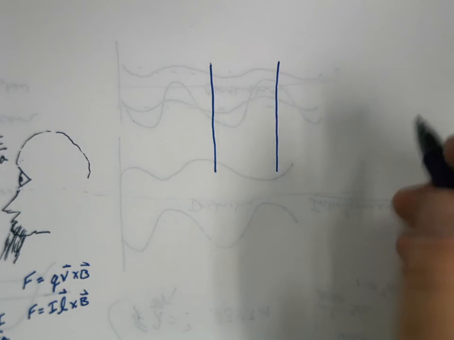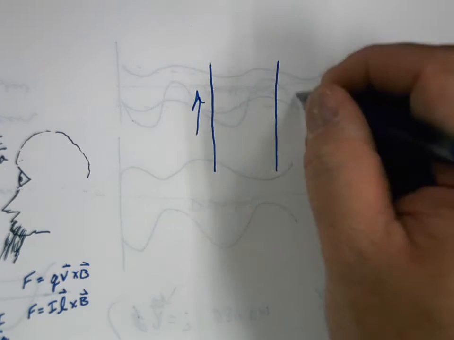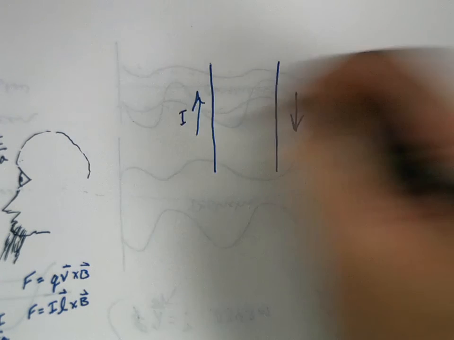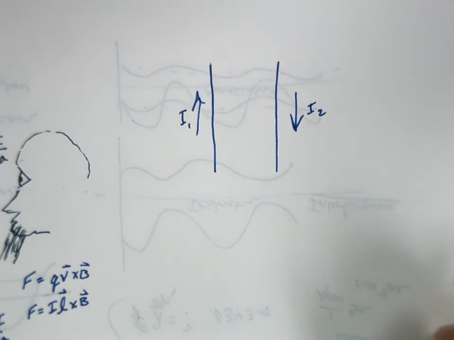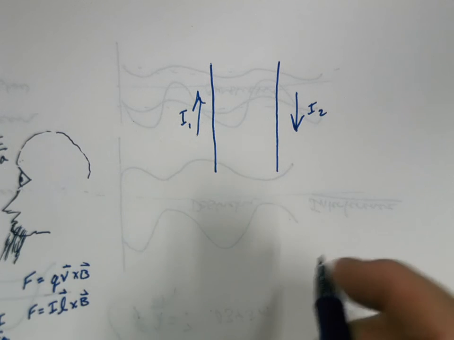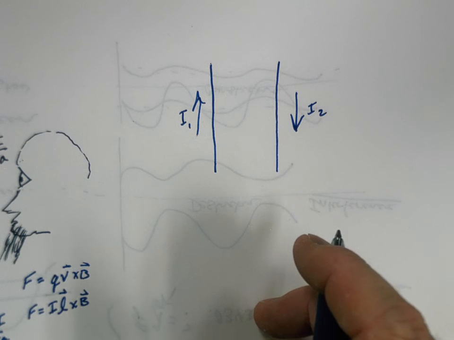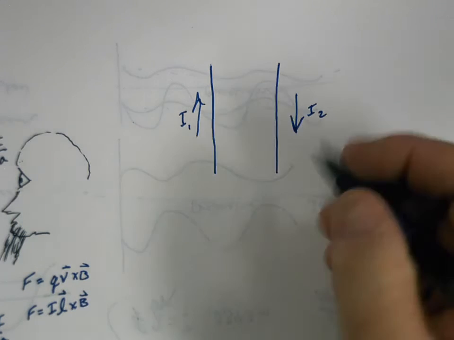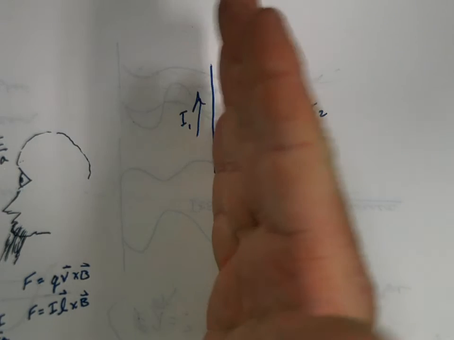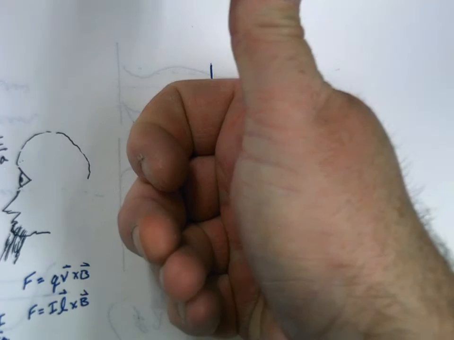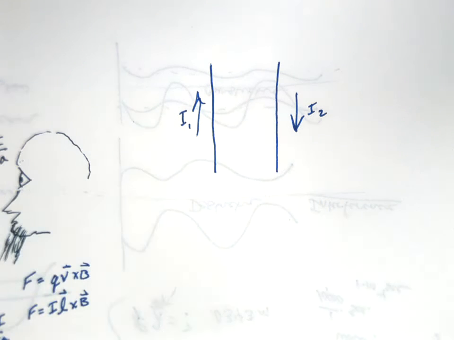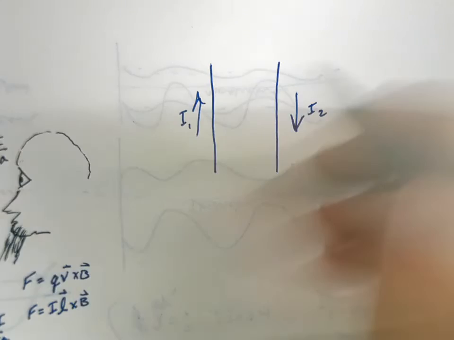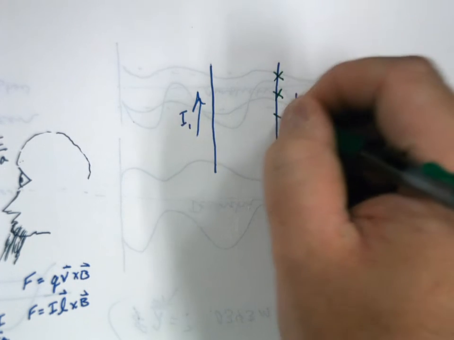Okay, this time we've got current in that direction and current in this direction, I1 and I2. I will trust you guys to figure out that all of the math is going to be the same, except that if our current is in this direction, we're going to have to curl back around so that our fingers are going into the page over here.